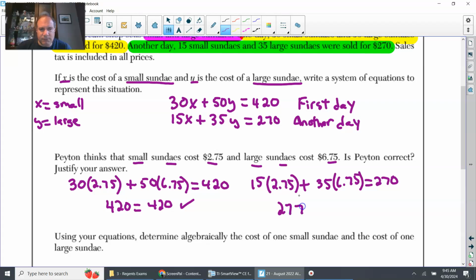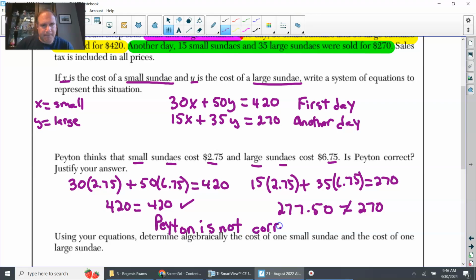We'll put that in the calculator. 277.50 is not equal to 270. Peyton is not correct. That's it. Peyton is not correct.